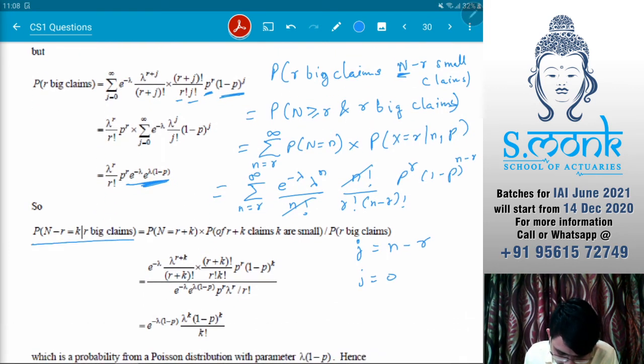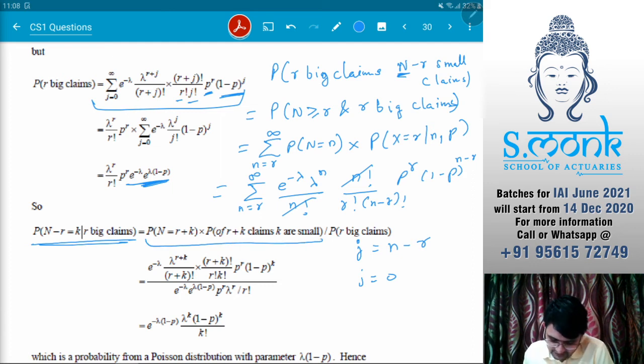Then we are trying to find probability that n minus r is equals to k given r big claims. So similar to what we did for the big claims, we'll do for the small claims as well. Or you can say this is going to be our numerator, that we have r big claims and k small claims.